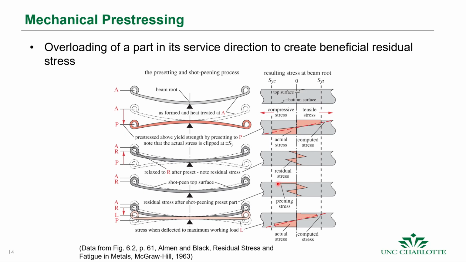Then when we put it in service, the service direction is actually opposite for this bottom surface, so that we end up with much lower stresses at the surface here. And then we have these compressive stresses, which we actually like to have below the surface.